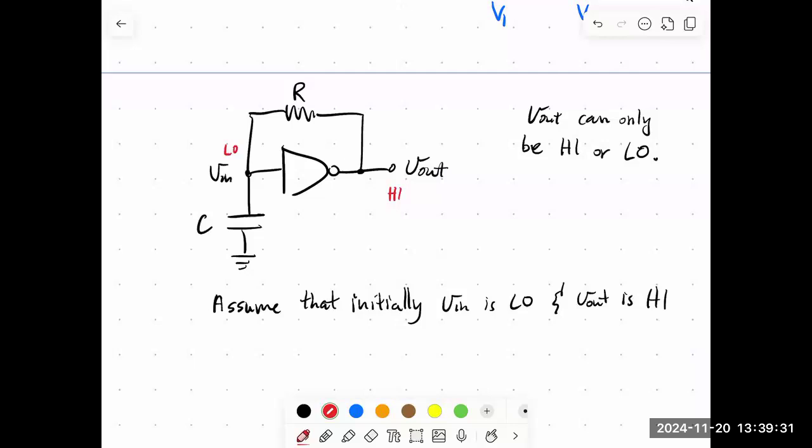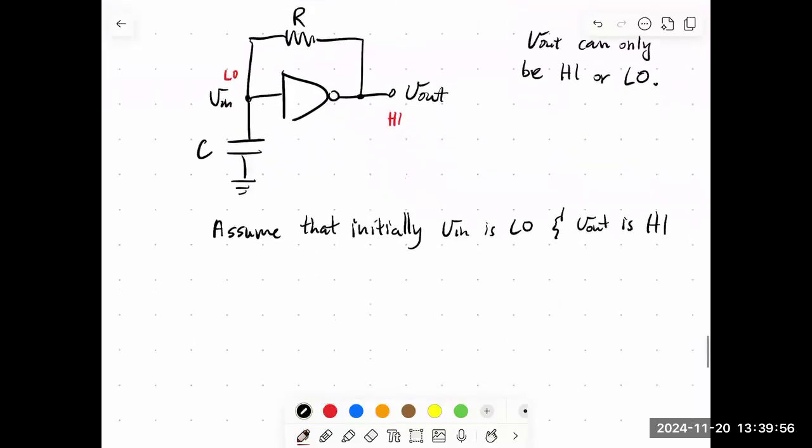So high voltage means like 5 volts, low voltage means 0. So I could draw an equivalent circuit. I have 5 volts, my resistor, 0, capacitor, 0. If I have 0 on both sides of my capacitor, that means the voltage across capacitor is 0, and it's completely uncharged.